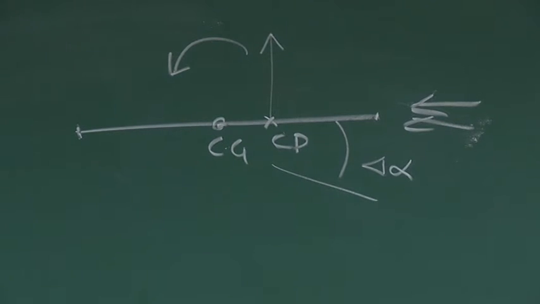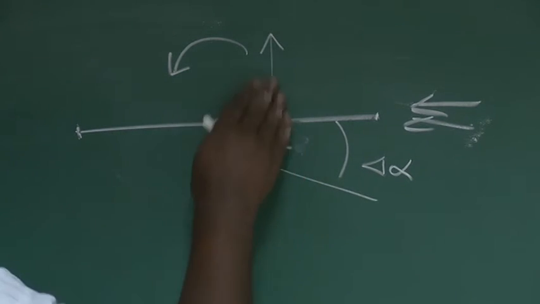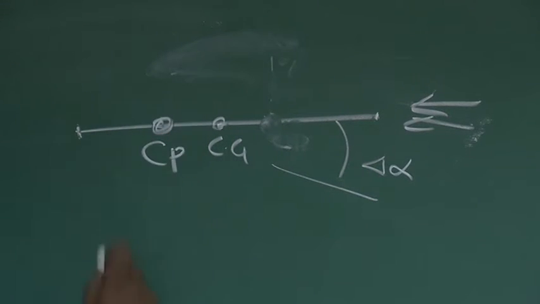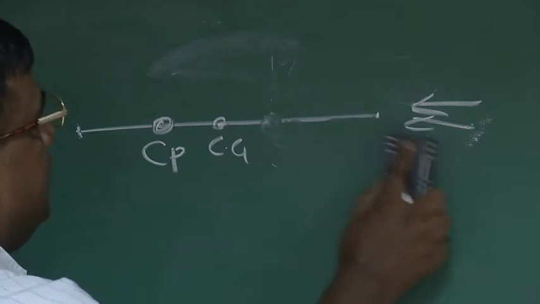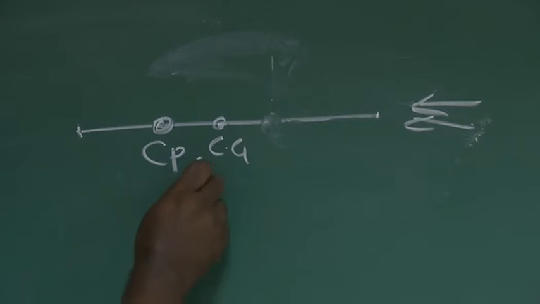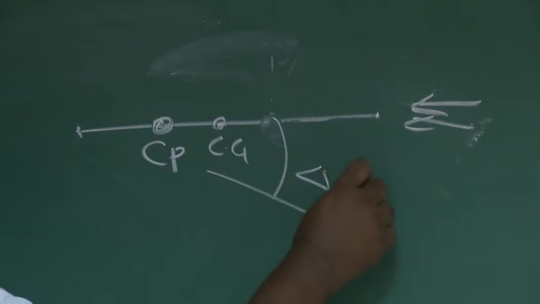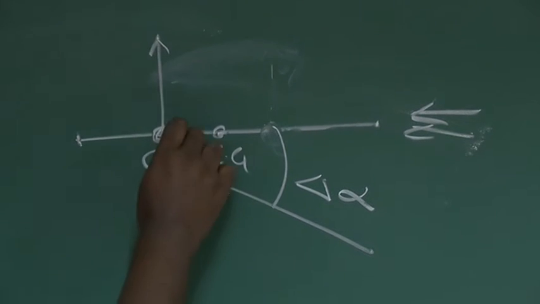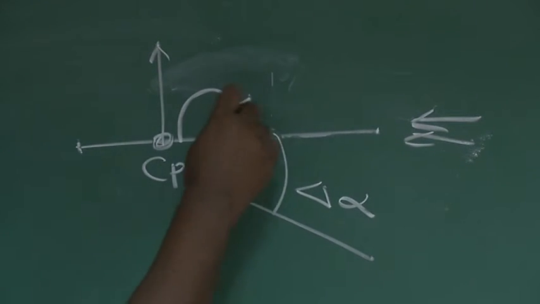In contrast, if I put the center of pressure behind the center of gravity, then this becomes a statically stable case. Again you can check: if this is the delta alpha disturbance you have given, now there will be a force here which will try to give a nose down moment.